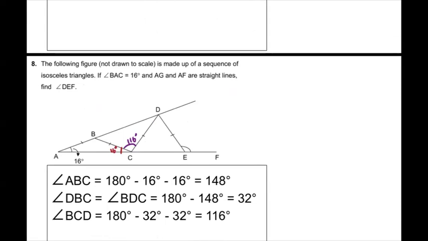Okay, so you see where this is going? You would now then be able to find this angle, which would be step number 4. All right, so how to find angle DCE? You just need to take 180 minus 116 minus 16.